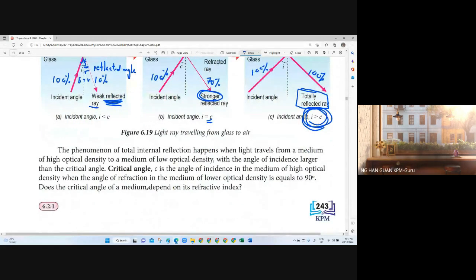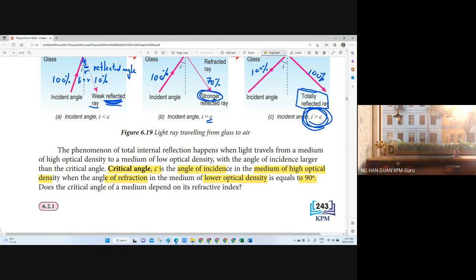All right. So the critical angle, I have repeated many times already. The critical angle is the incident angle in the high optical density medium when the angle of diffraction in the low optical density medium is 90 degrees. The explanation of the critical angle definition is actually not that easy because there are many keywords here.